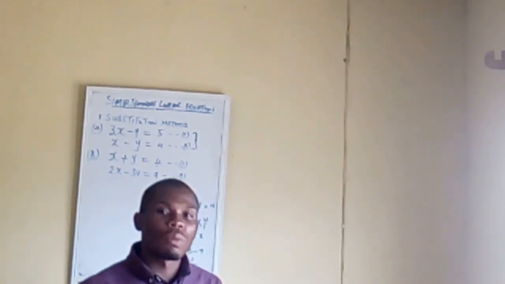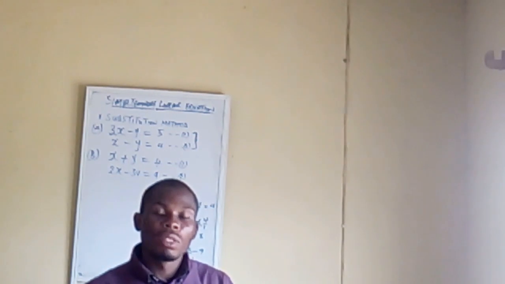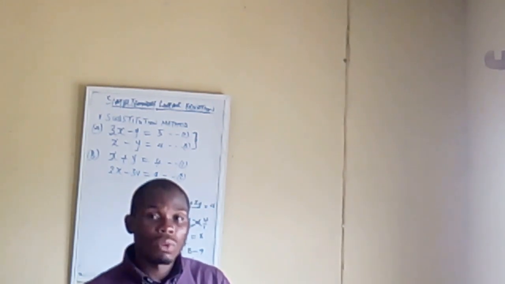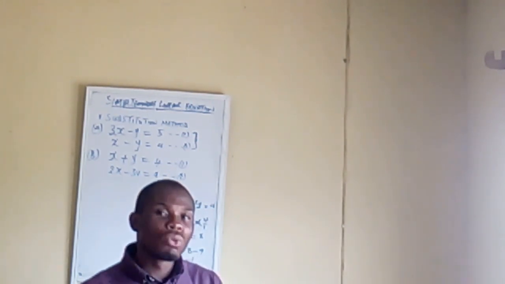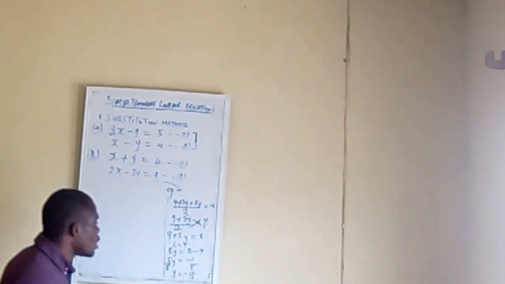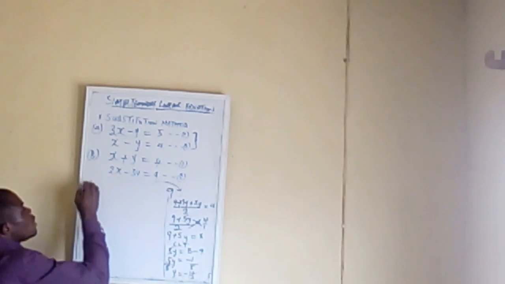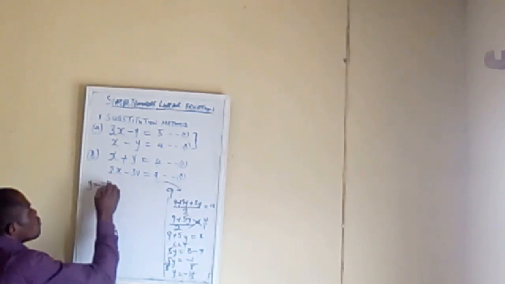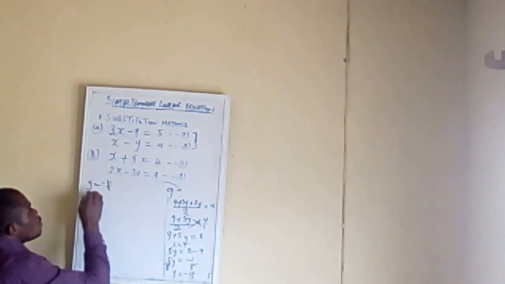Now, since we've been able to get the value of one of the alphabets to be minus 1 over 5, we are going to proceed with substituting the value of y we got, minus 1 over 5, into any of the equations of your choice. Recall equation 1.